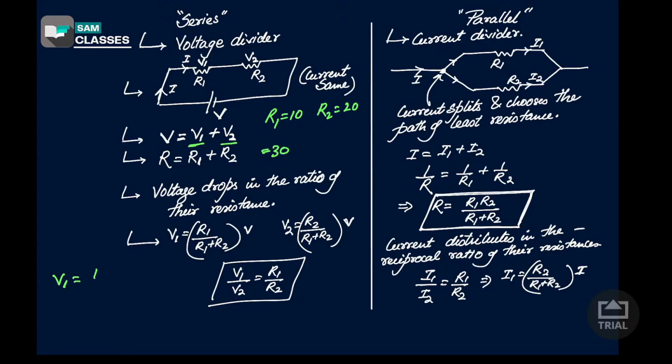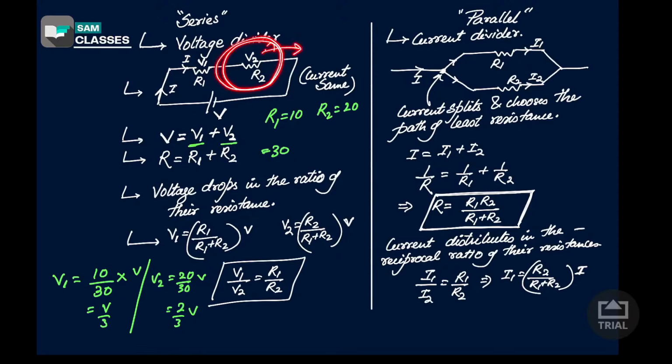V1 is equal to 10 by (10 plus 20), that is 30, into V. So V by 3, 1/3 part is going. And if I see V2, 20 by 30 into V, means 2/3 part is going. So since it has more resistance, more voltage drop is there. It has less resistance, so less voltage drop.